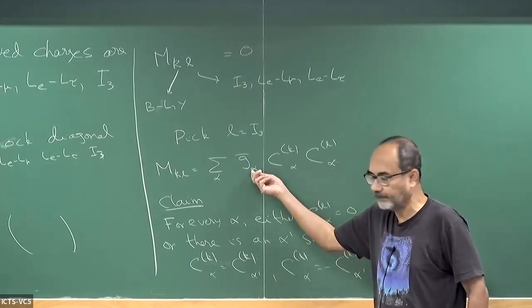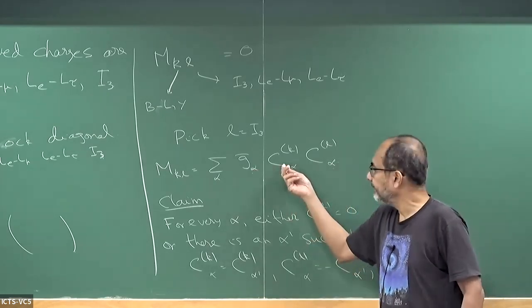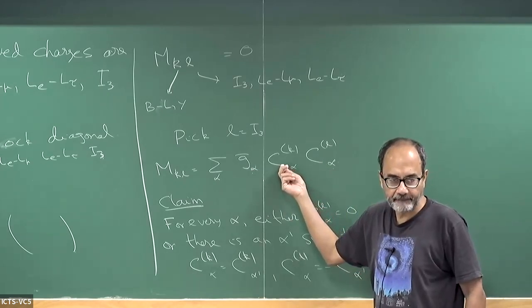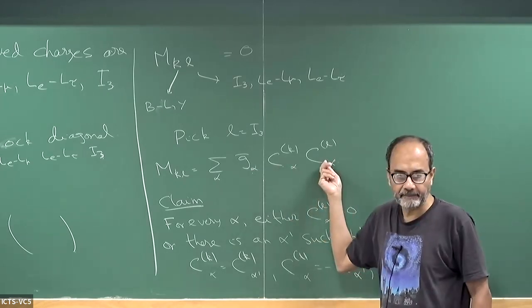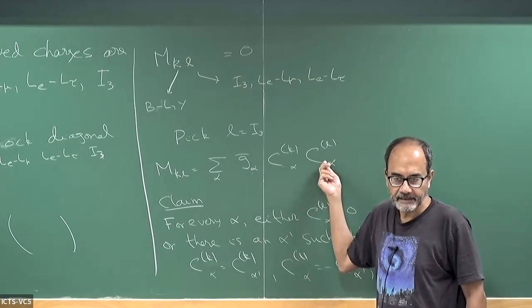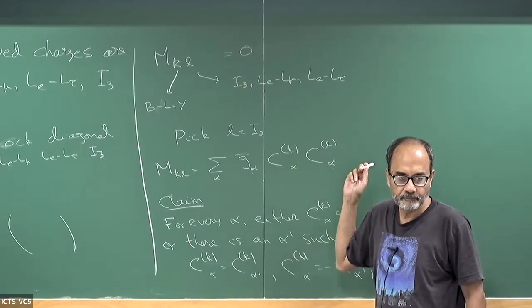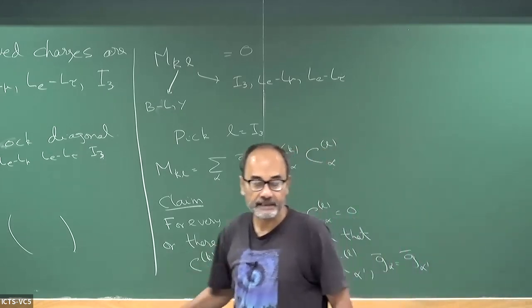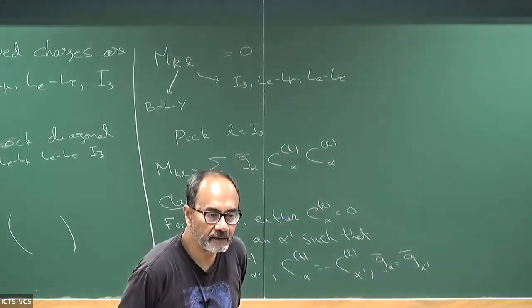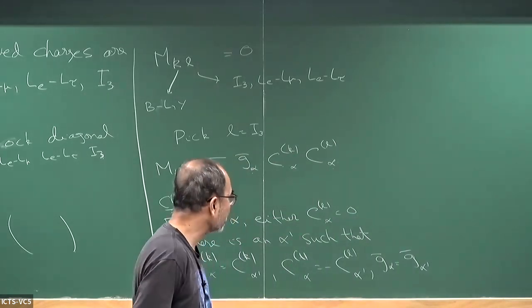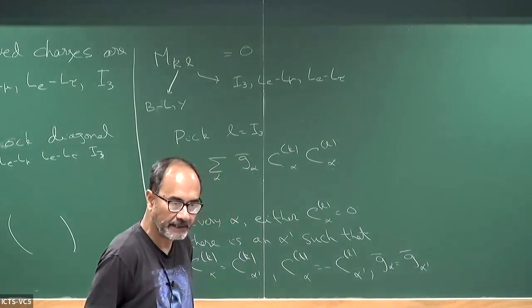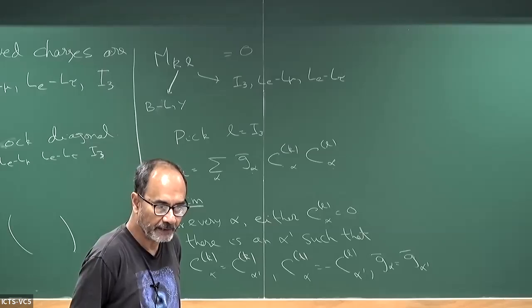G bar alpha and G bar alpha prime are the same, C_K alpha and C_K alpha prime are the same, but C_L alpha and C_L alpha prime have opposite sign. So when you sum over alpha, they will just cancel. This is only for L equal to I3. This will also be true for the other cases. Right now we are trying to do it for L equal to I3.